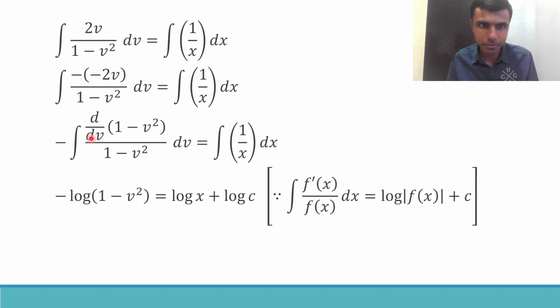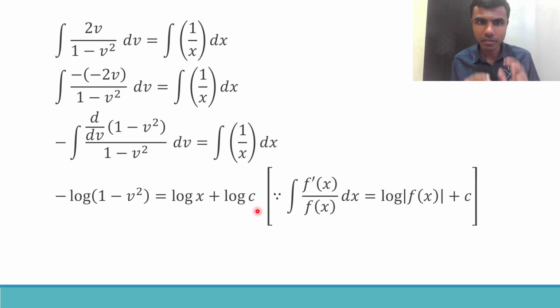I have 1 minus v square in the denominator and I have the derivative of 1 minus v square in the numerator. So I have a function in the denominator and its derivative in the numerator. If that is the case, my answer is nothing but log mod. I did not use mod because in the textbook they did not use it, so I am also not using it here. And the integration of 1 by x is nothing but log x, log mod x. Again, I did not use mod because in the textbook they did not use it. Fine, next.